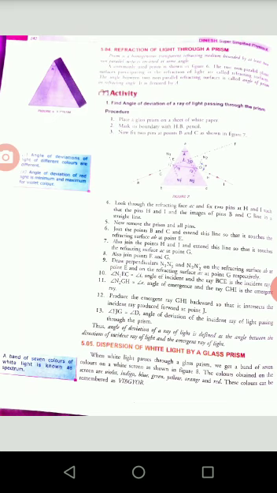Cause of dispersion. All colors of white light travel with the same speed in air, but all colors of white light travel with different speeds in a glass prism. It means each color of light travels with a different speed in a given medium.